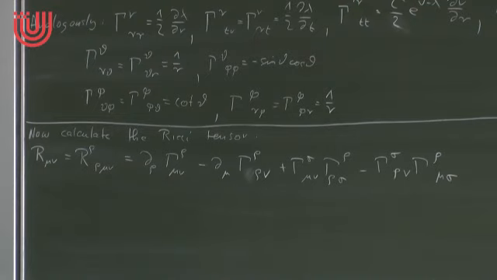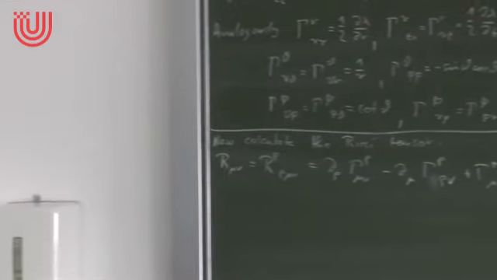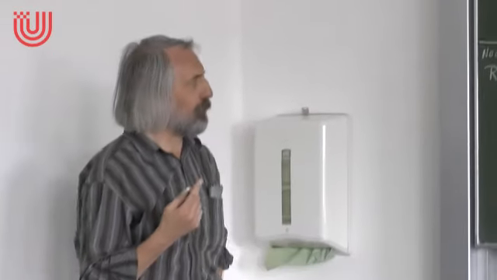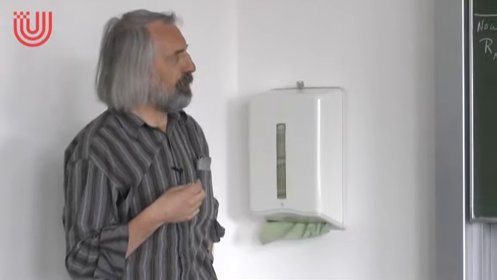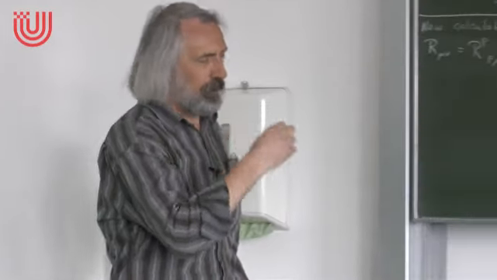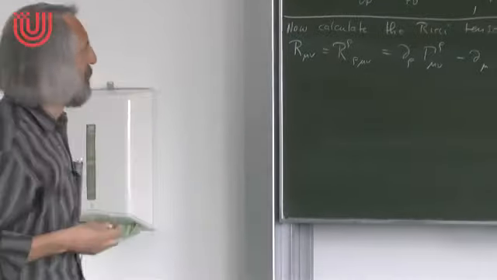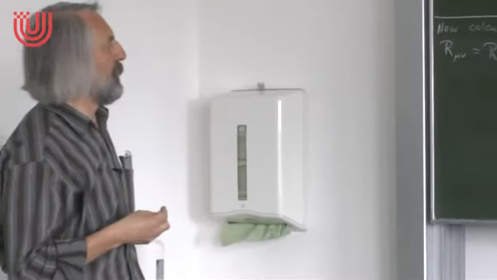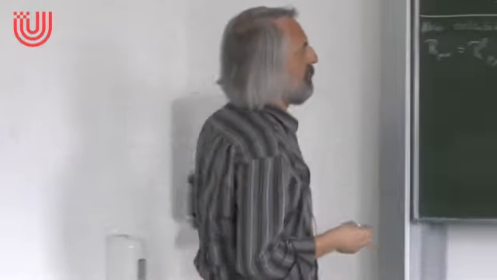But then, of course, there's always the danger of making typing mistakes. And I think the opportunity to make typing mistakes is almost as big as the opportunity of making calculational mistakes. So you shouldn't trust the output of a computer calculation. So I will do it by hand for one component.